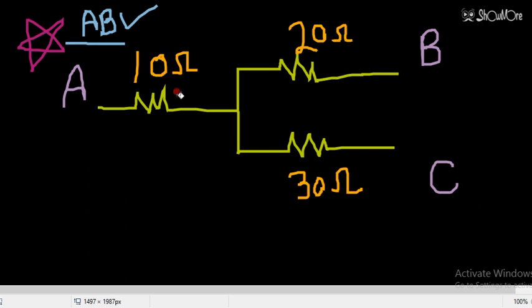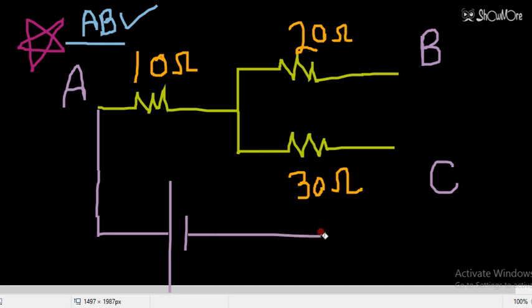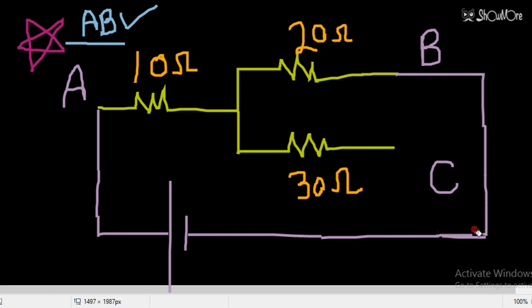Whenever you have to find the resistance, I explained it many times: connect a battery across those two terminals where you have to find the resistance. Like you can see here, across terminal A and B I have connected a battery. This is positive, this is negative.